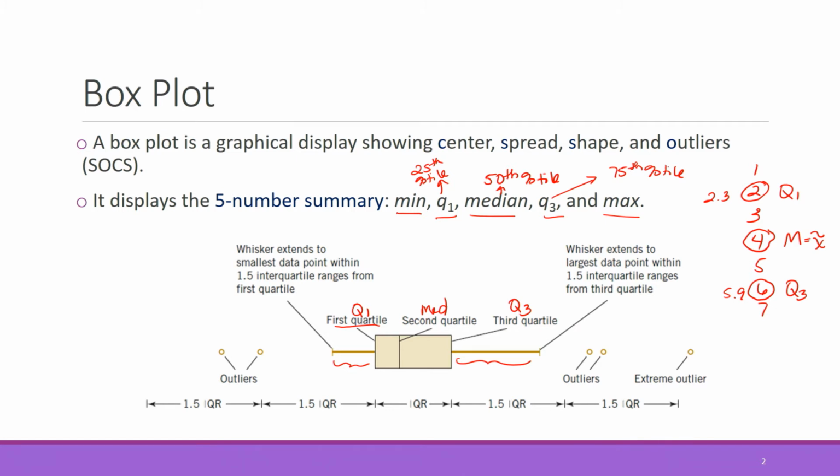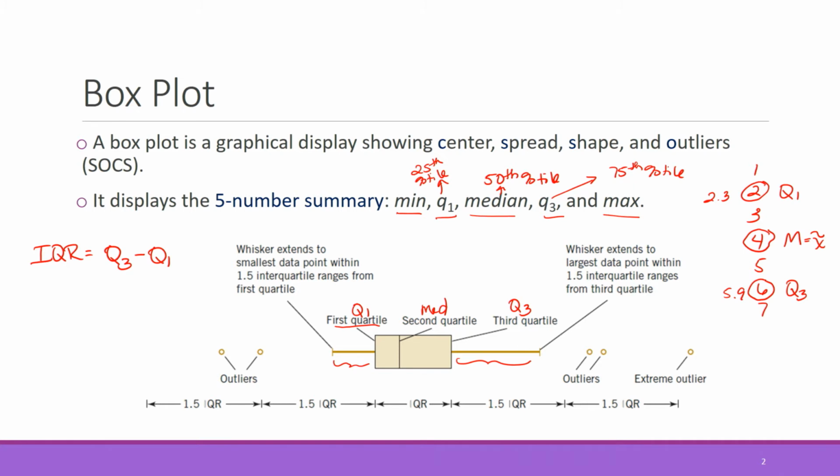So the whiskers will go to one of 2 spots. Here, it's going to the smallest data point within the 1.5 interquartile range from the first quartile. Well, let's talk about what that interquartile range is for a second. The interquartile range is equal to Q3 minus Q1.